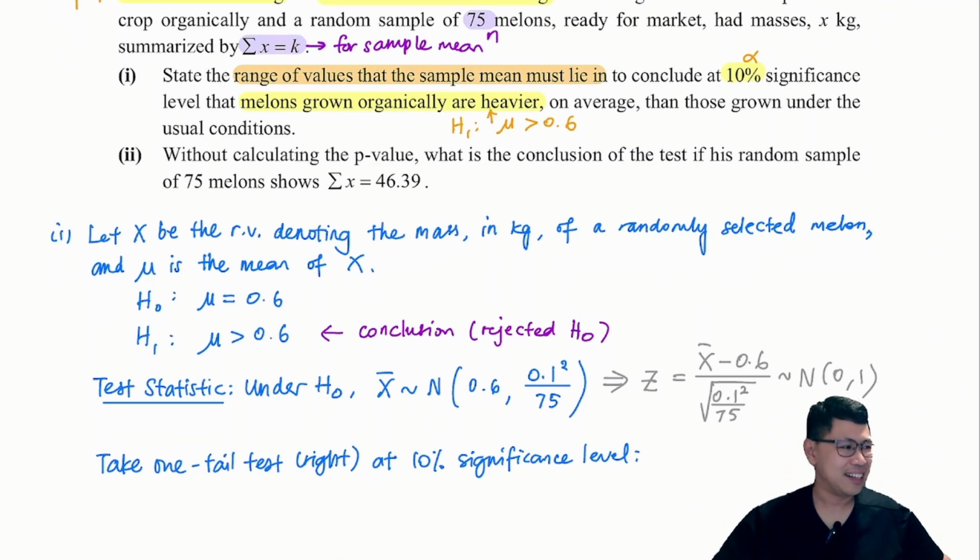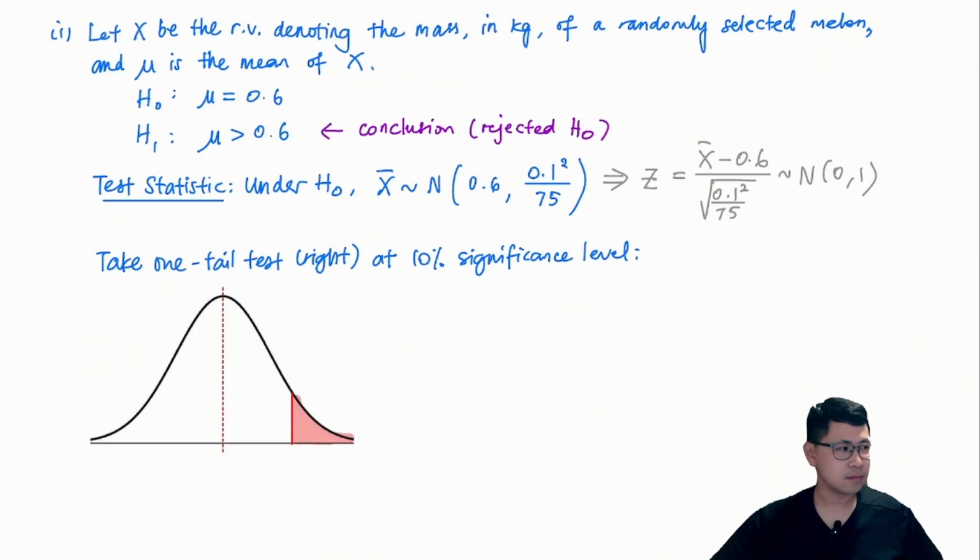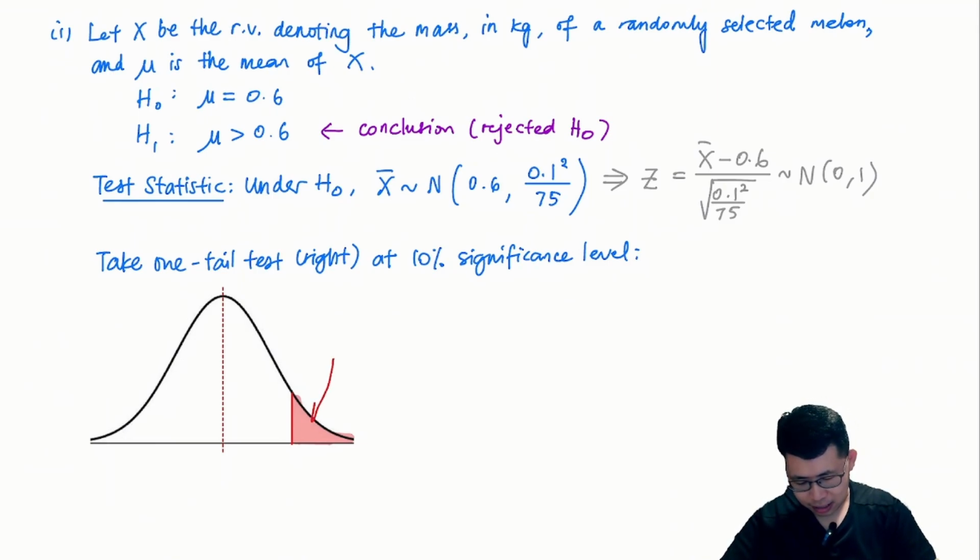Okay, so let's see this visually. We are going to have a visual like this, and this is a right tail test, and this area over here I will set at probability 0.1, which is equivalent to our 10% significance level on the right hand side.